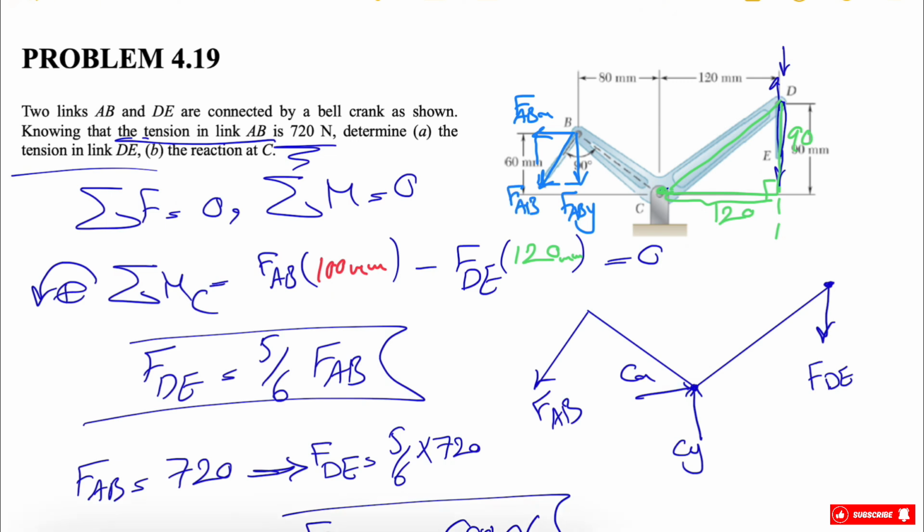We already showed that in the right triangle we have here, this side was 60, this will be 80, and we have 100 here. Let's call this alpha, and if that's alpha, this angle over here will be alpha too.